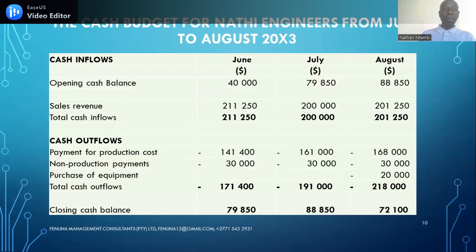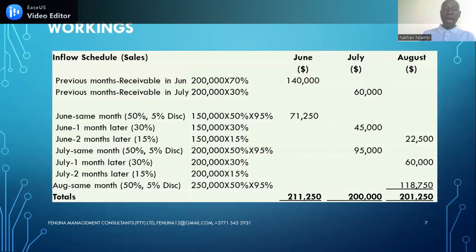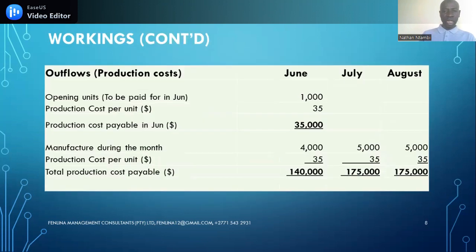Our opening balance of 40,000 plus sales revenue 211,250, which we saw up. If you go back, you're going to see our totals of 211,250 at the bottom here, 200, and 201,250, which are going to be our receipts from the sale of June, July, and August, as we calculated.